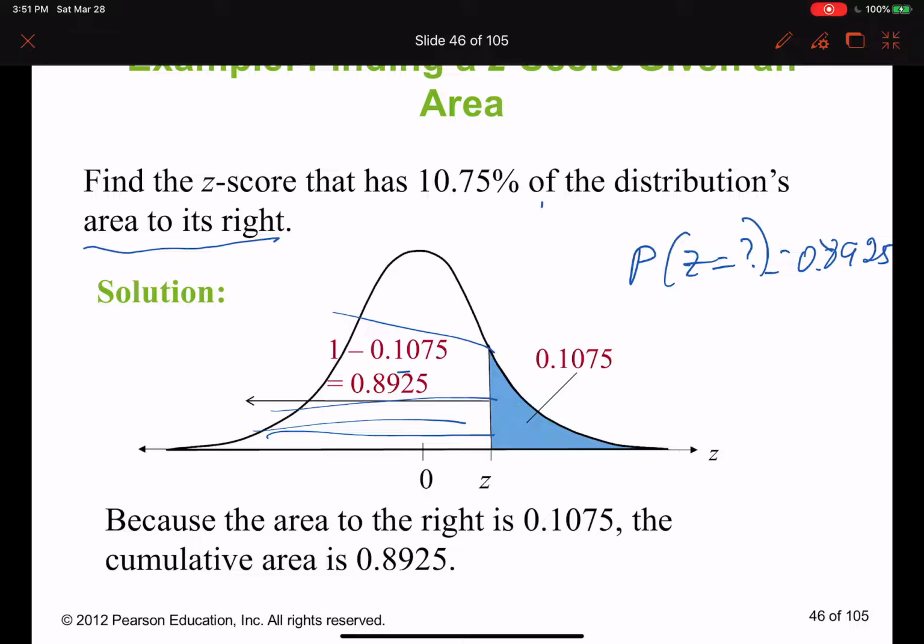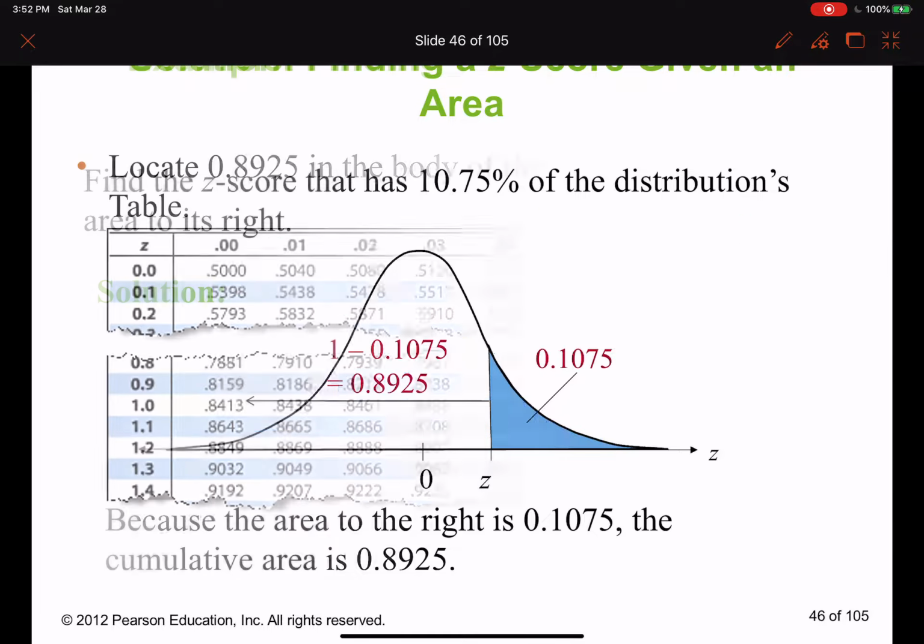Why? Because 0.1075 is to the right. To find the area to the left, why do we find to the left? Because our table shows the area to the left. Therefore, we do 1 minus 0.1075, and you get 0.8925.